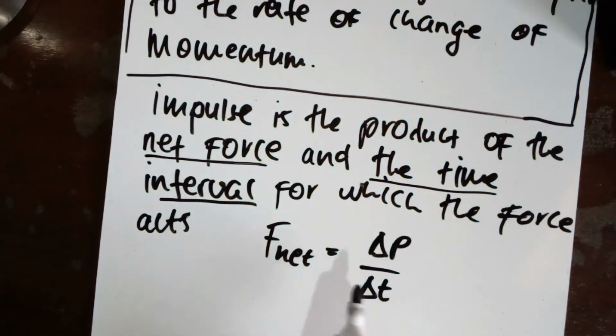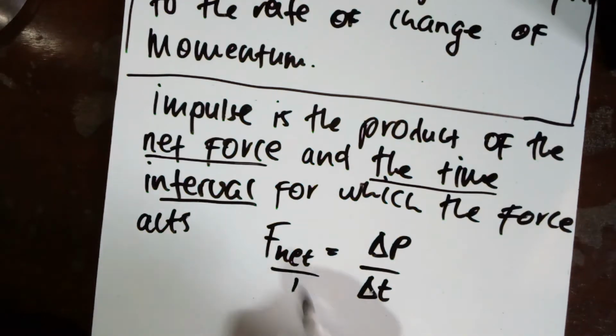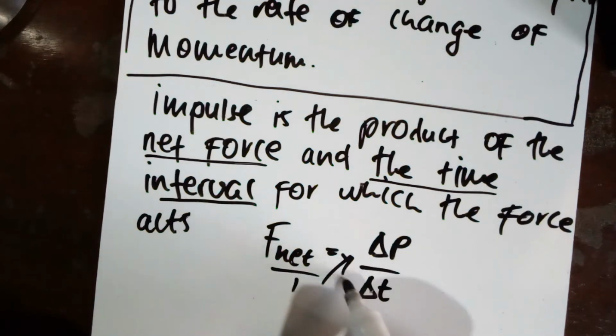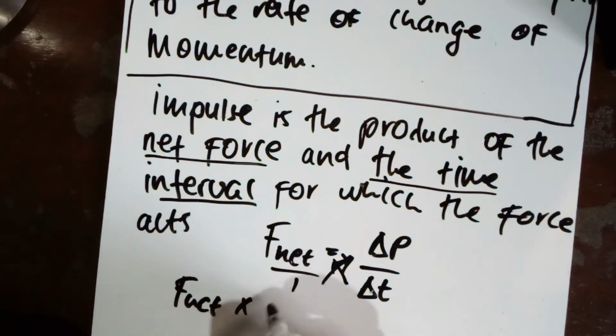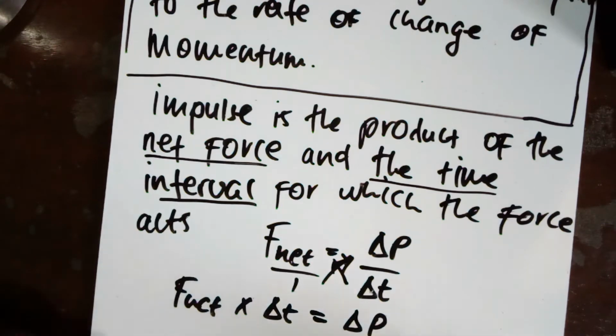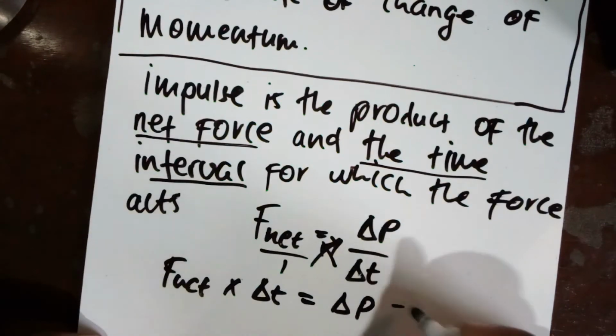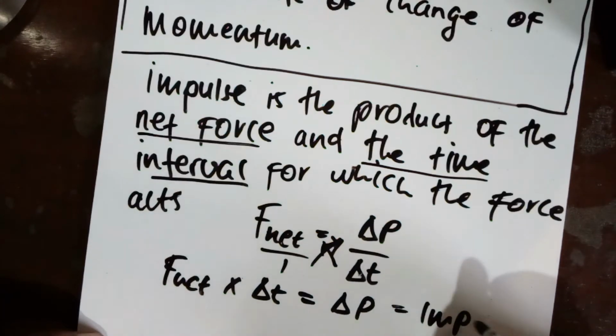When you multiply the net force and the time interval, we get something called impulse. To do that, we can simply cross multiply: F net times change in t equals a change in p. And this entire thing we call impulse.